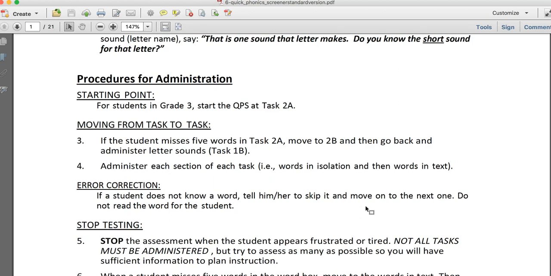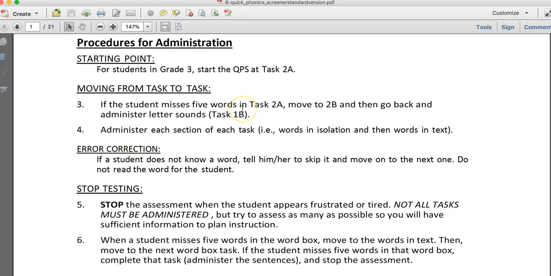And if they do well there, we're building their self-esteem and they're able to feel successful on some assessments. So you may follow this if you like, or you may follow my way. I just like to be sure my bases are covered and that I don't frustrate my students.